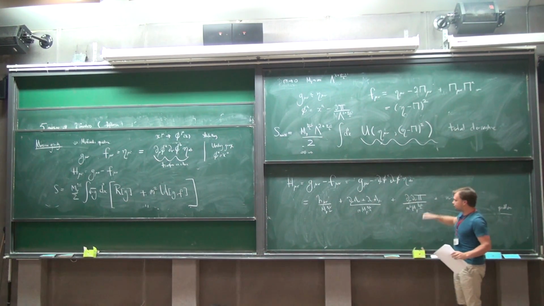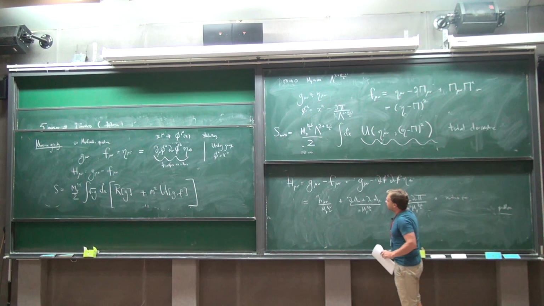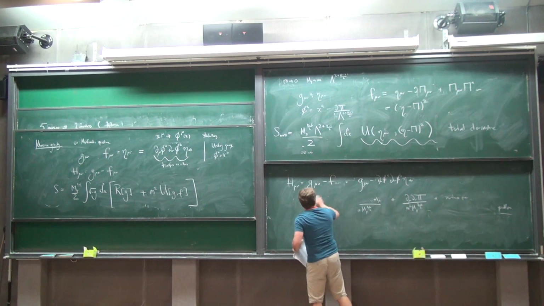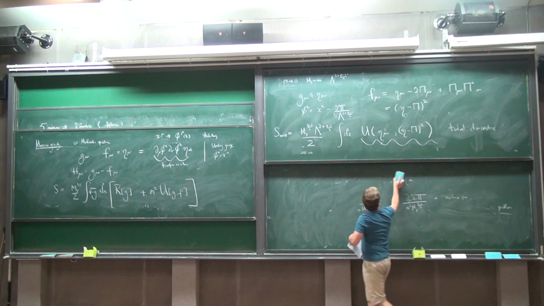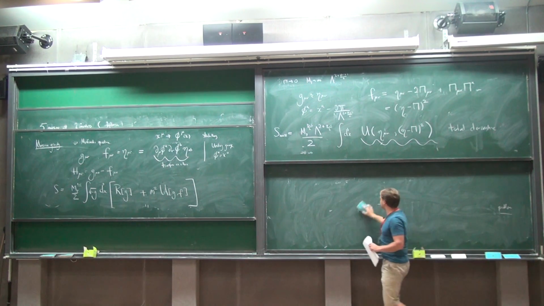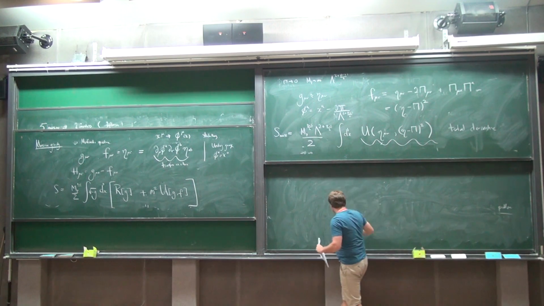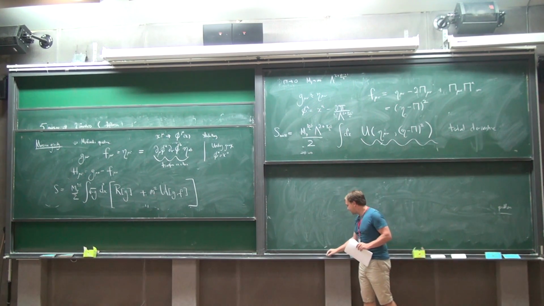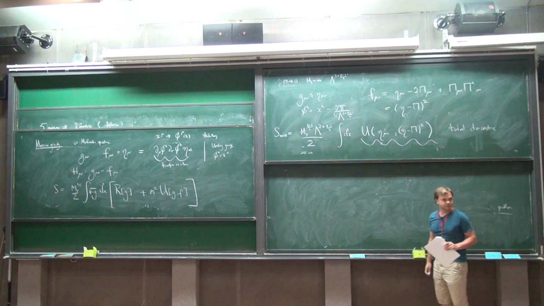So the most general form of U is the most general form of functions of capital Π, the tensor, which is a total derivative. But we know precisely what those are. They're nothing other than the characteristic polynomials.